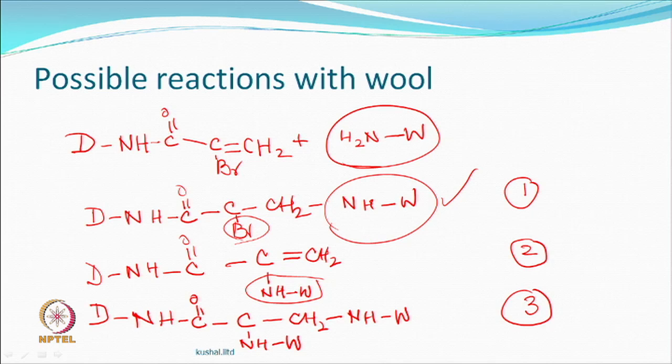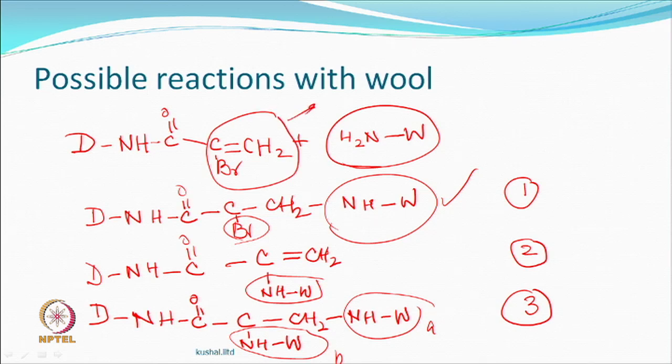There is also a possibility of two wool molecules joining, A and B. So, sometimes it is considered as if it is a bifunctional reactive dye, but because the functional group actually is only one, this is the functional group.